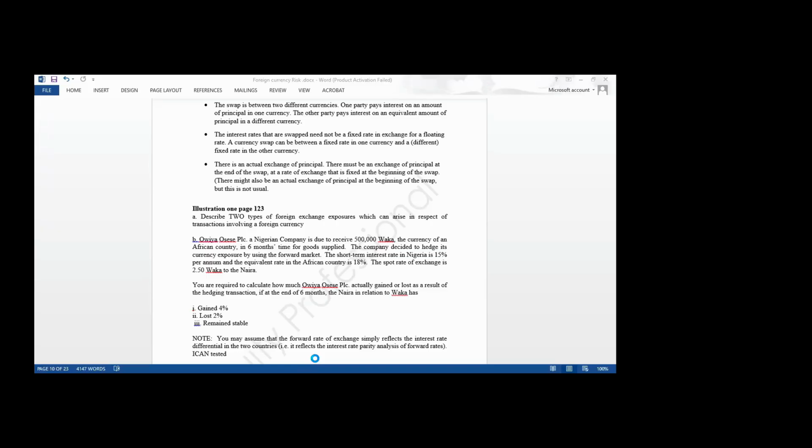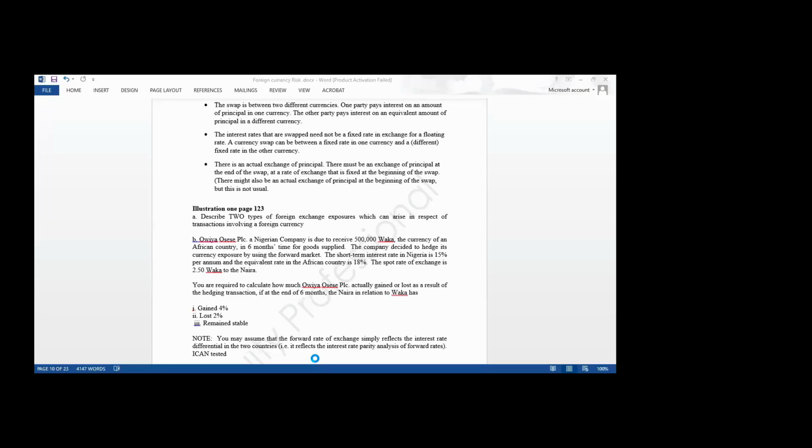We started by looking at the foreign currency market, a market where you can buy or sell foreign currency. At this market, individuals, corporate organizations, institutions can buy or sell foreign currencies at an exchange rate.